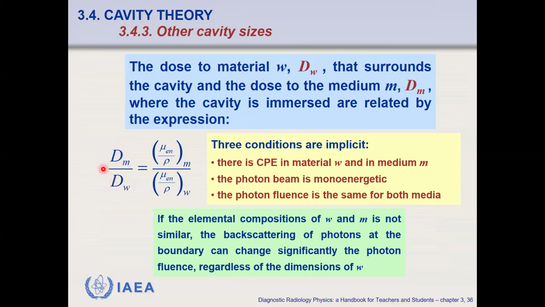Here, Dm is the dose to the medium where the cavity is immersed, Dw is the dose to the cavity material. So what is this ratio equal to? It is mu_en over rho for M, so the mass energy absorption coefficient of the medium over the mass energy absorption coefficient of the cavity material.